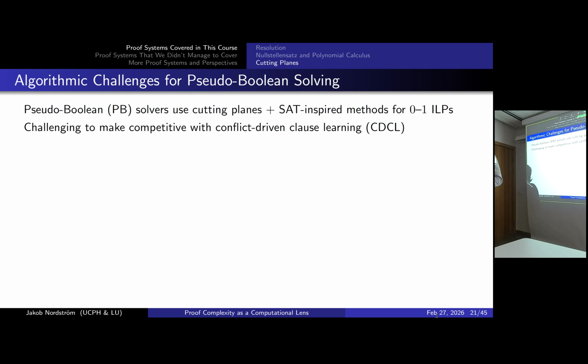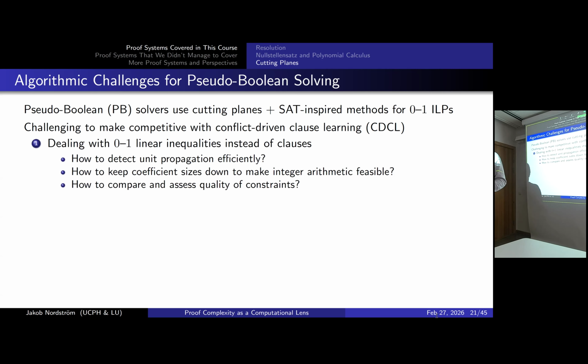But it turns out that algorithmically this is much more complicated than conflict-driven clause learning. For all kinds of reasons, when you have 0-1 linear inequalities, a big part of the algorithm will set variables to values and then propagate. This is much harder for 0-1 linear inequalities than for clauses. If you're not careful, your coefficient sizes will explode, and then integer arithmetic gets very expensive.